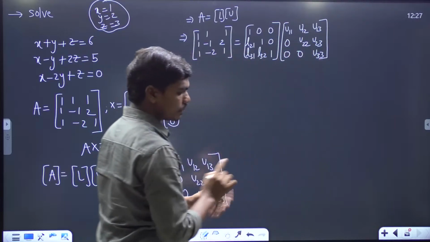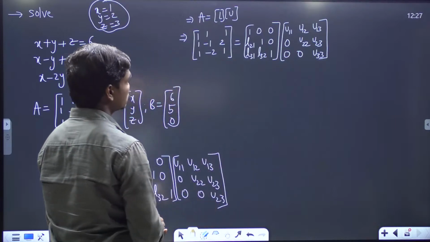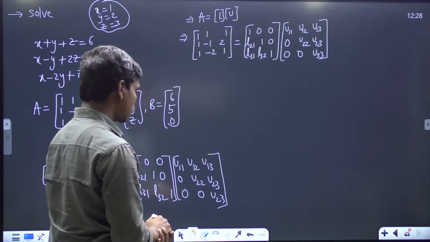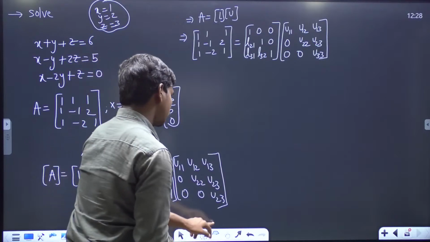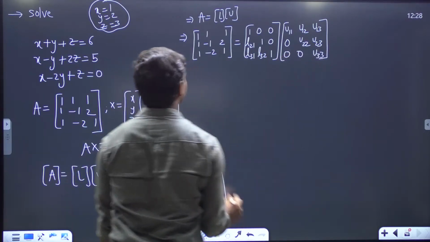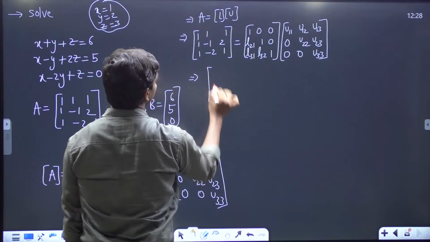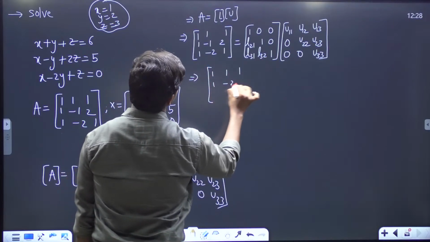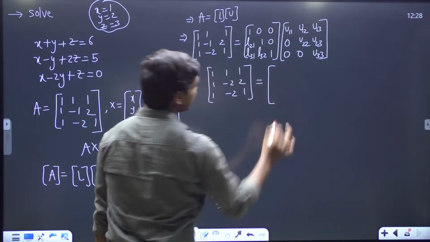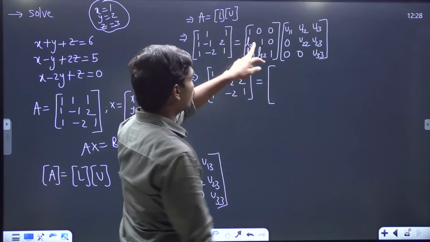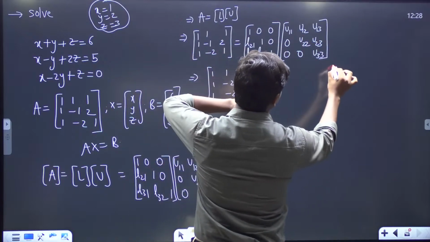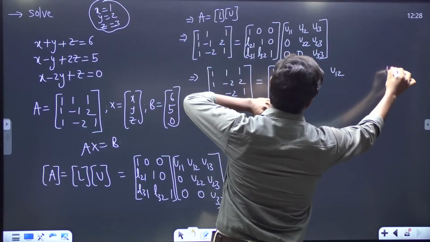Now if you multiply, okay, this is U33, which is known to us and we mentioned it correctly here. So see here carefully, 1 1 1, 1 minus 1 2, 1 minus 2 1. This is equal to, let us multiply these two matrices now. If you multiply these two matrices, the first element is U11, the second column element is U12 and the third column element is U13.